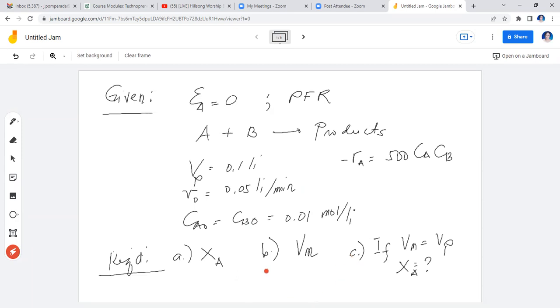Now, letter C asks if your volume for the mixed flow reactor will be the same as the plug flow, what is the degree of conversion that is expected? Okay, so in here, we're actually comparing the sizes of reactors and even their performance. How will they convert the reacting species into the product?